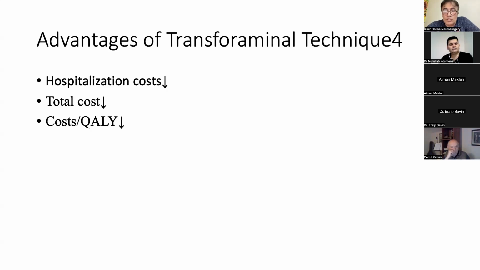Why does early discharge from the hospital reduce hospital expenses? The patient's early start to work reduces post-discharge expenses. As a result, the lowest total cost is in the transforaminal technique. The transforaminal approach is the most economical treatment in terms of cost divided by quality adjusted life years.